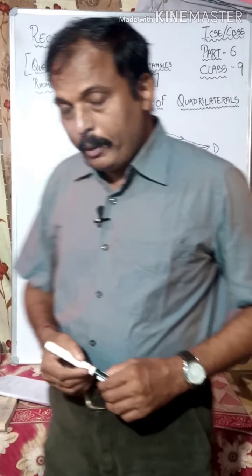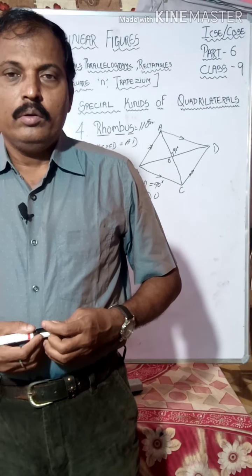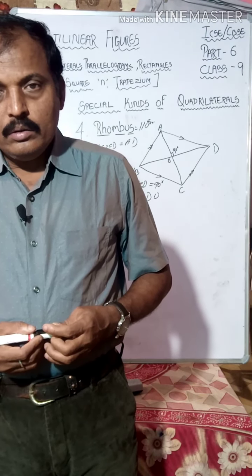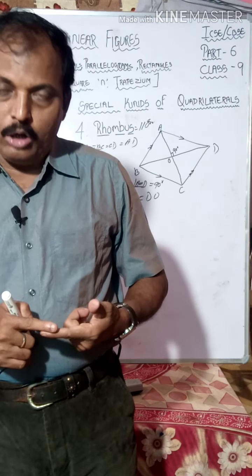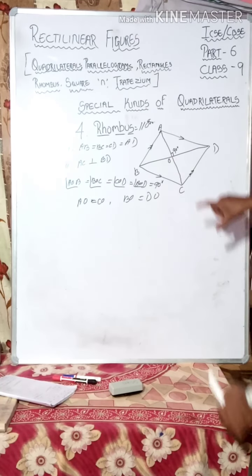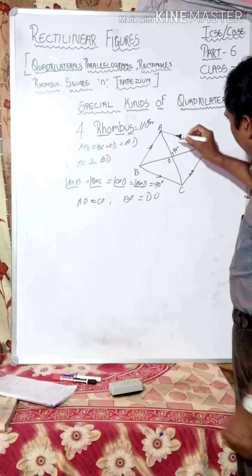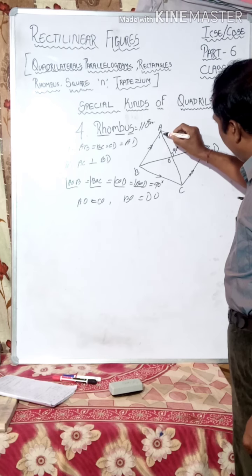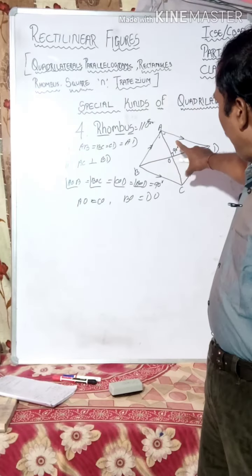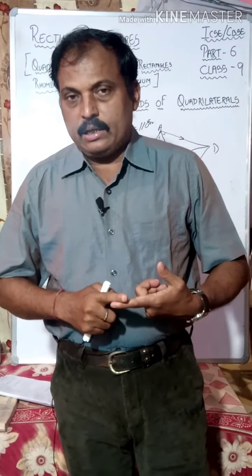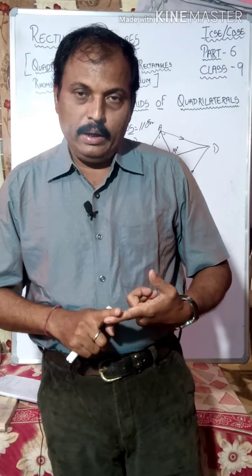Then another point which we didn't write as a term. What is that? Each diagonal, AC, is a diagonal which bisects the angle A, meaning this angle is equal to this angle. It is very important. But in a parallelogram, the diagonal is not an angle bisector. In a rectangle, the diagonal is not an angle bisector.